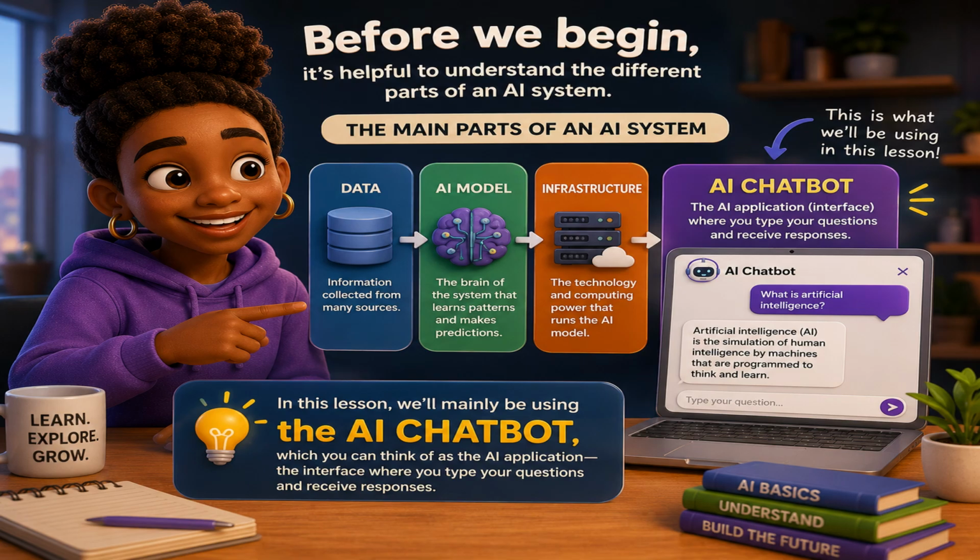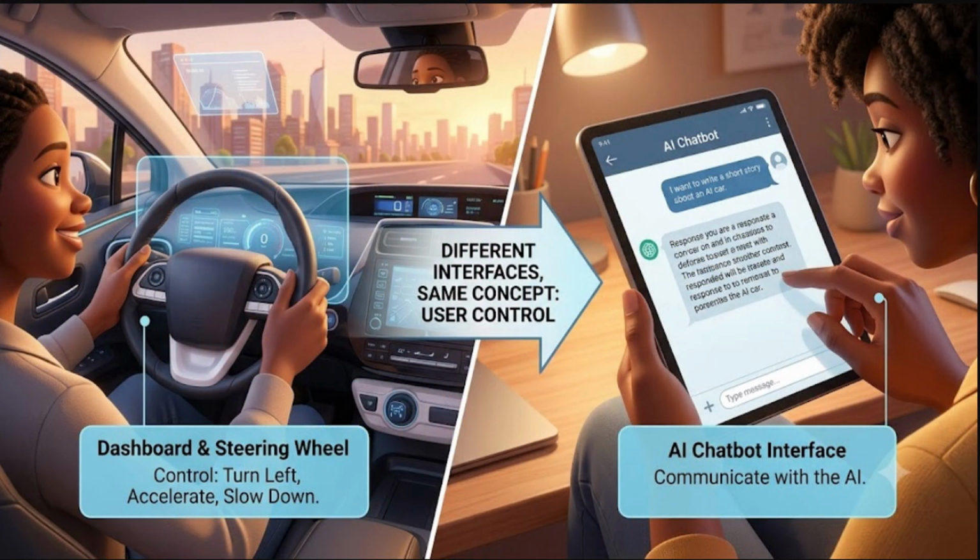Before we begin, it is helpful to understand the different parts of an AI system. In this lesson, we'll mainly be using the AI chatbot, which you can think of as the AI application, the interface where you type your questions and receive responses. A simple way to understand this is by comparing AI to a car.